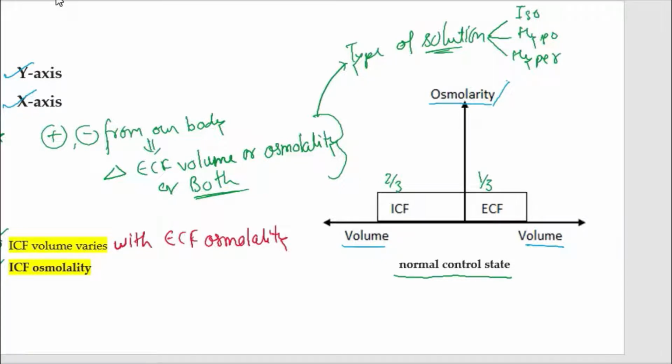When the ECF osmolality changes, it impacts the ICF volume, and the ICF osmolarity is inversely proportional to the volume. When the volume increases, the osmolarity of ICF decreases. I hope you understand this slide.